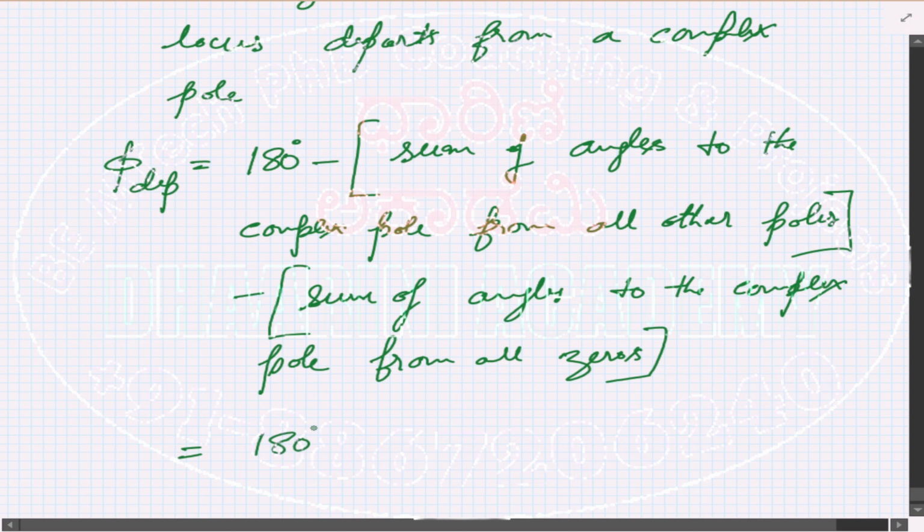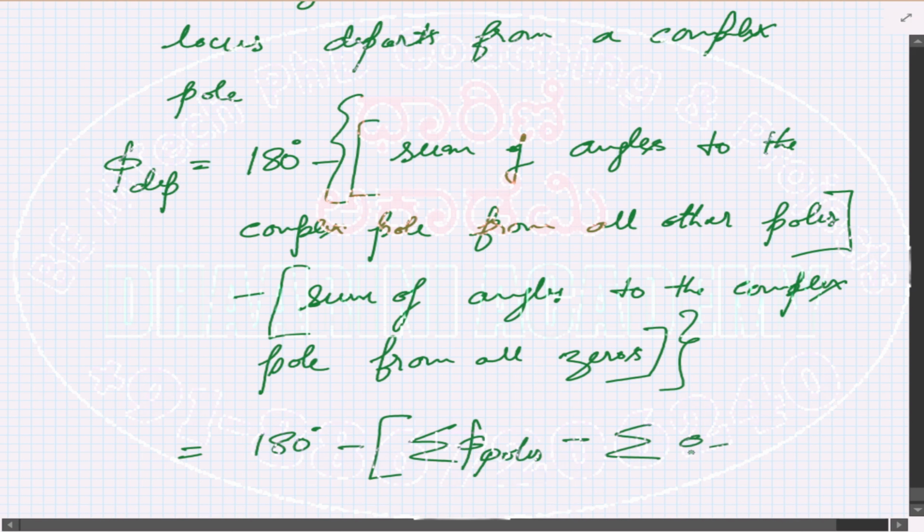This is 180 degrees minus, there is a flower bracket outside, the sum of the angles because of poles minus the sum of the angles because of zeros. So this is the equation to calculate this.